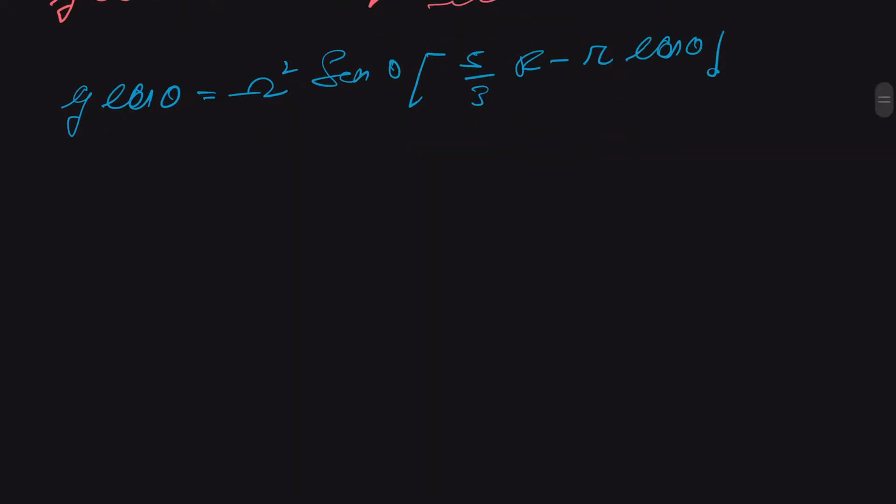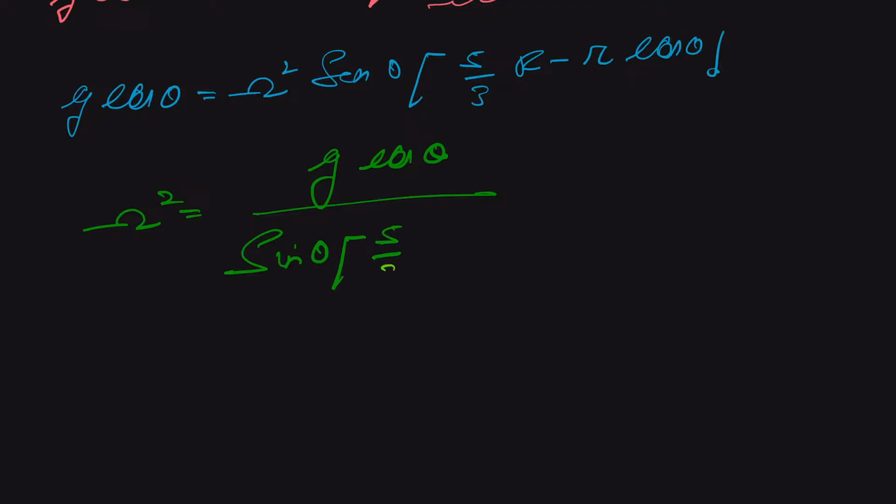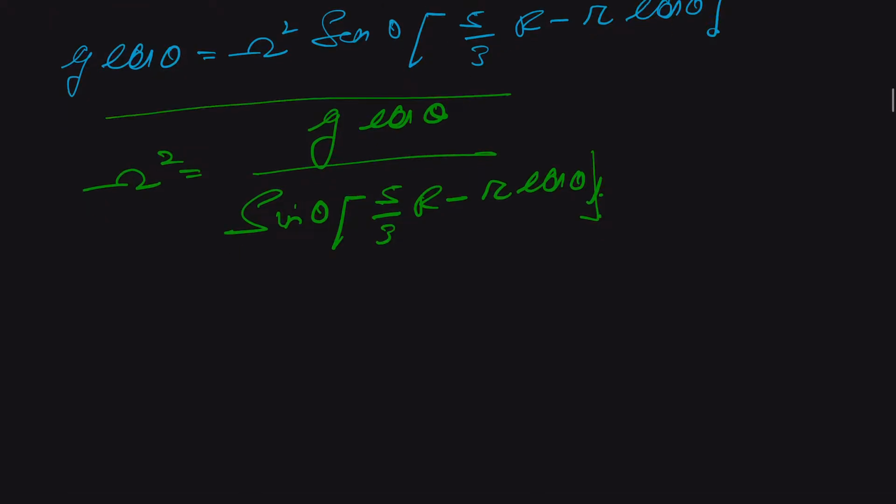Now it is almost complete now. Therefore we get omega square is equal to g cos of theta divided by sine of theta, and we have 5 by 3 R minus r cos of theta. And this is our the required equation in terms of our theta, small r as well as capital R.